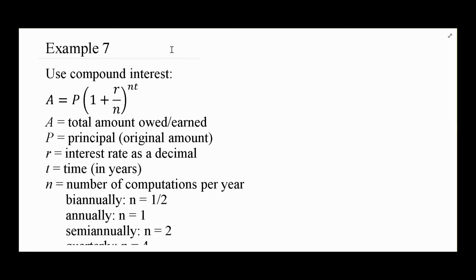The idea of compound interest is when we have interest computed on an account, that interest is put back into the account, and then the next period that comes up later, we get interest again on that new amount. That interest gets put into the account. Now we get interest upon that.